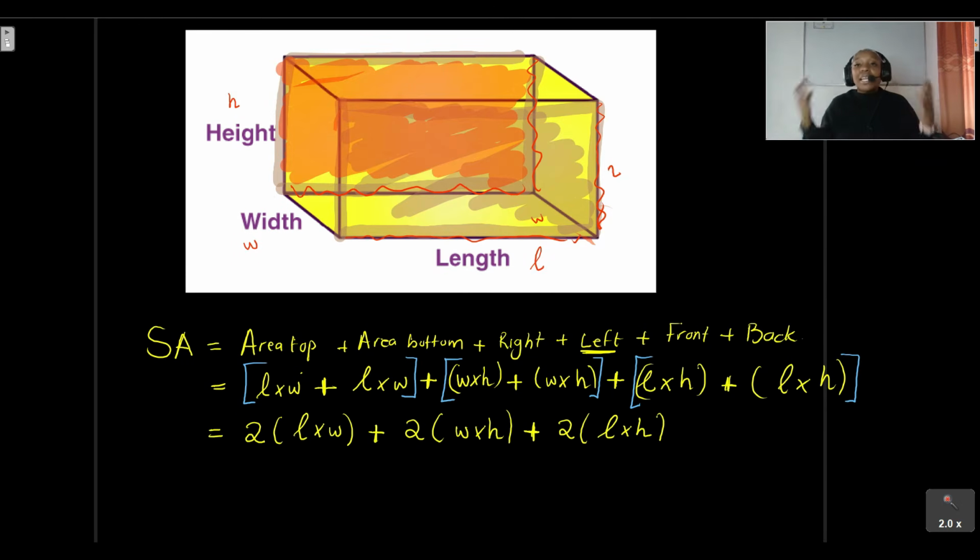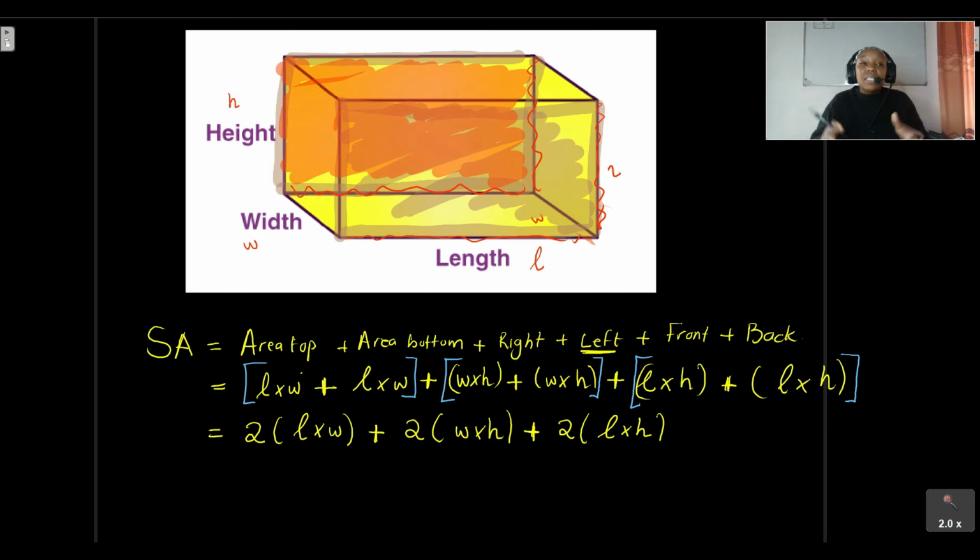So that is basically the trick in calculating the surface area of a rectangular prism. It's just you being able to see that the bottom and the top of our box share the same dimensions, the left and the right side share the same dimensions, and the front and the back face share the same dimensions.